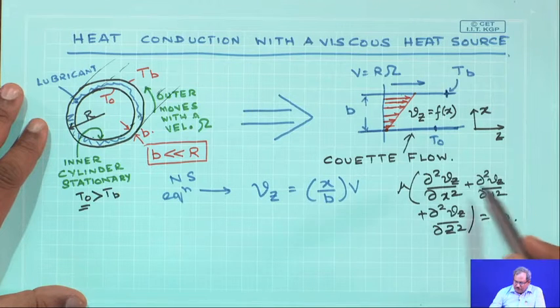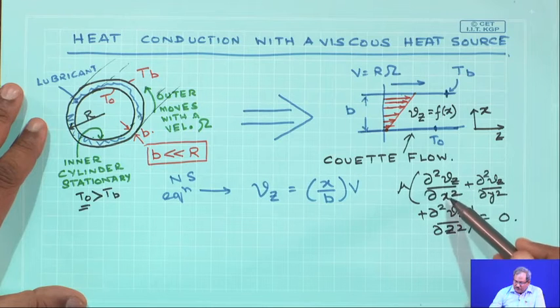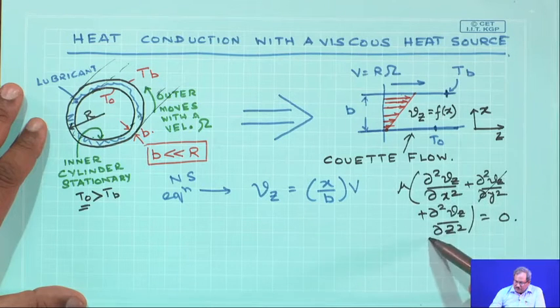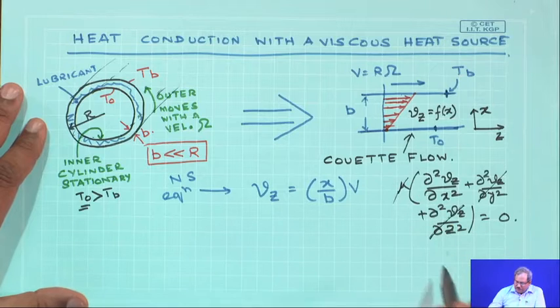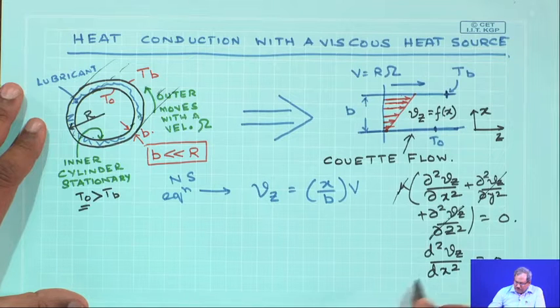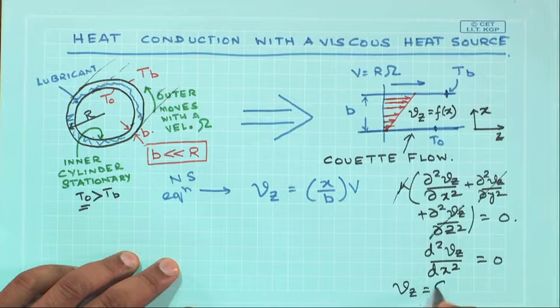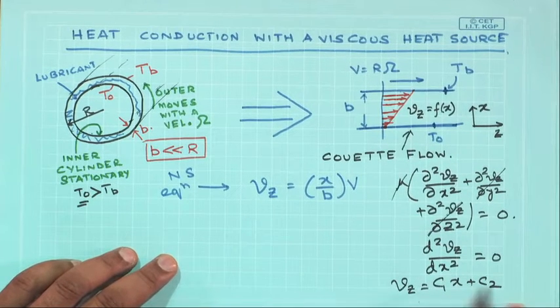I am sure that you are aware of it, and since Vz is a function of x alone, this term is 0, this is 0, I cancel mu. So, what you have then is d2 Vz by dx square equal to 0, and this is then going to give you Vz equal to C1x plus C2, where C1 and C2 are the integration constants.